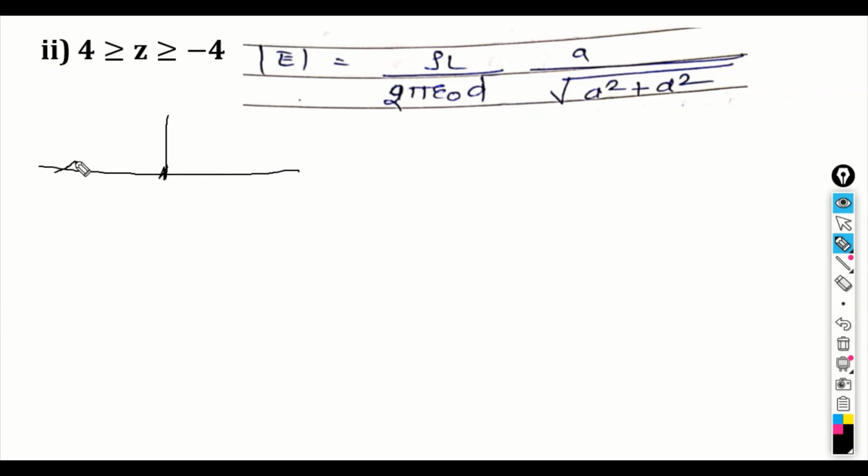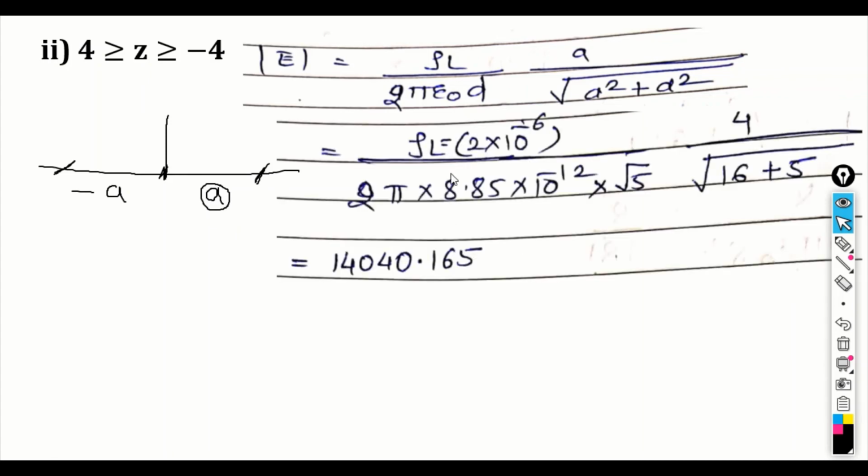So here my distance is minus A and here my distance is A. In the formula, A is half the total distance. It is extending from 4 to -4, so half is only 4 because the total is 8 in magnitude. Half of 8 is 4.